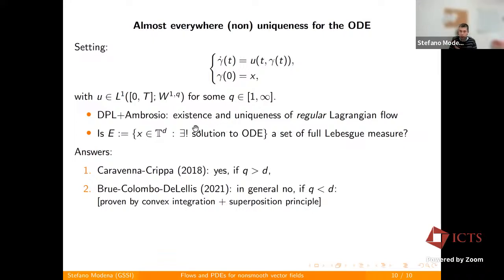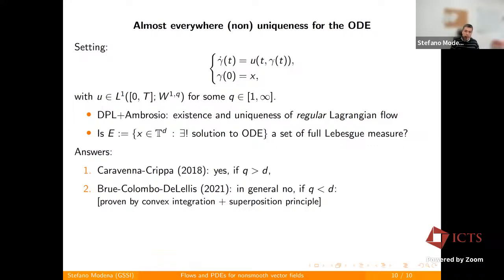Otherwise, if this is full Lebesgue measure, then there can be only a unique superposition solution. So they used convex integration at the PDE level combined with this theory of Ambrosio of superposition solutions to show that this set in general does not have full Lebesgue measure.